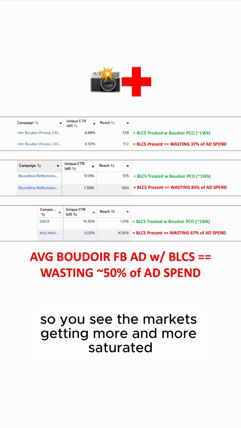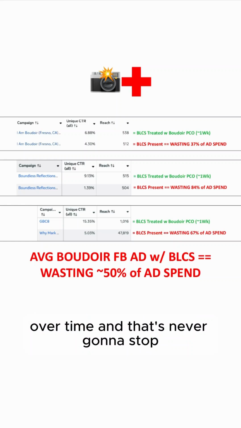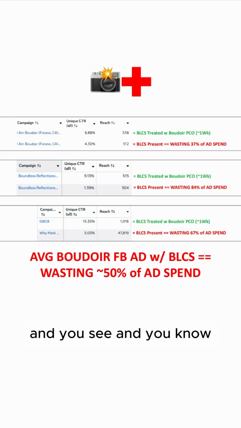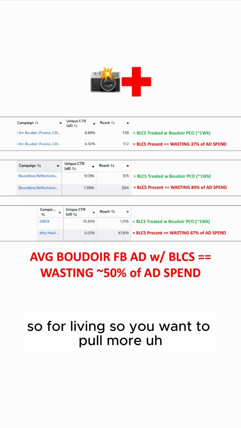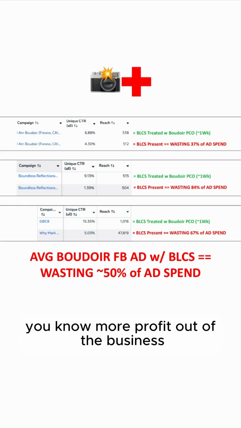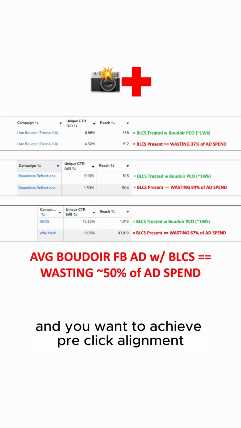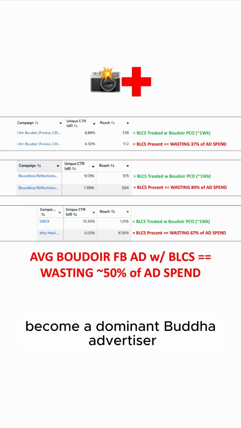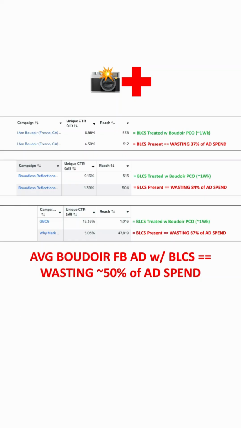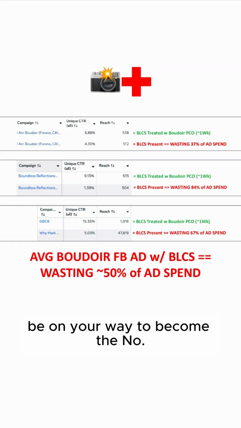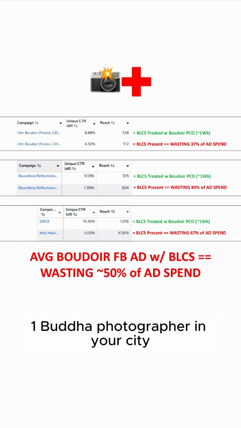So you see the market getting more and more saturated over time, and that's never going to stop. And you see inflation still going up for everyone. So you want to pull more profit out of the business, and you want to achieve pre-click alignment, become a dominant Boudoir advertiser, and achieve Boudoir brain entry boost, so you can be on your way to becoming the number one Boudoir photographer in your city.